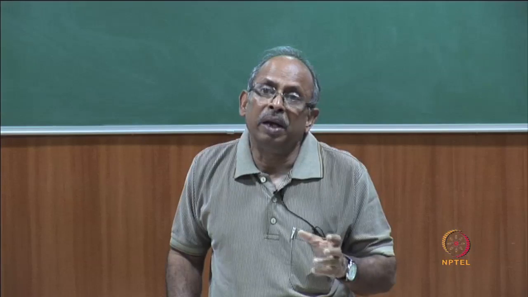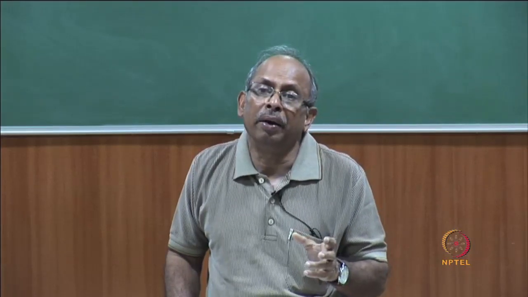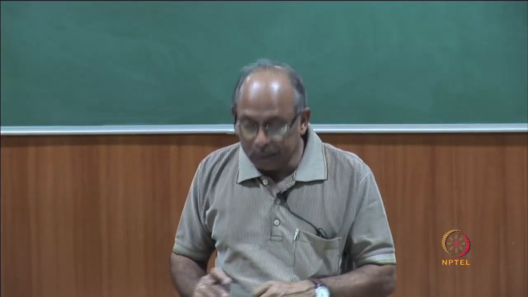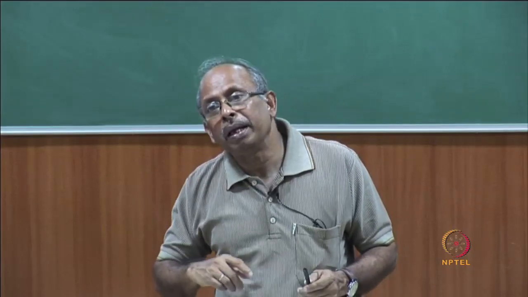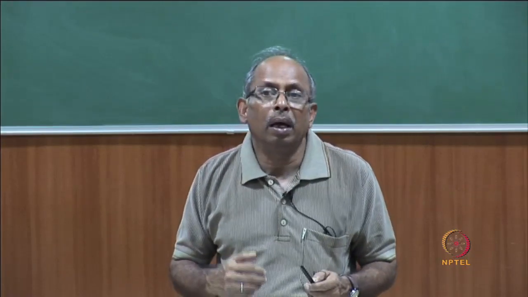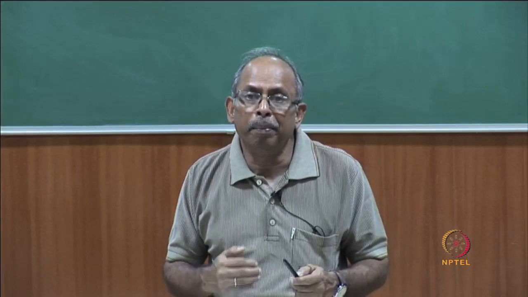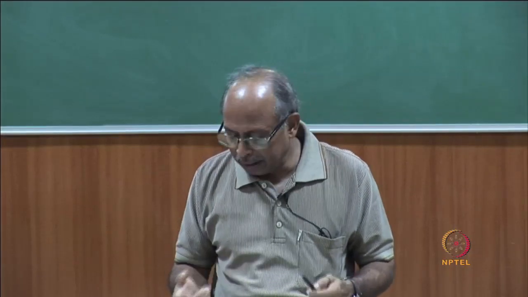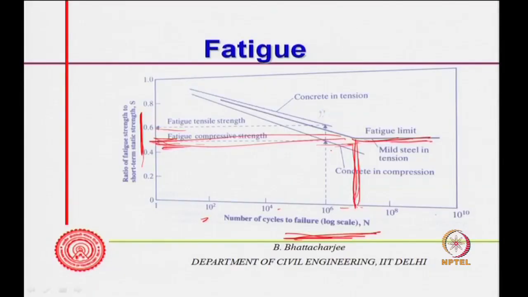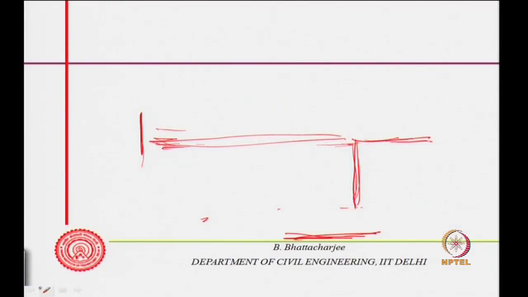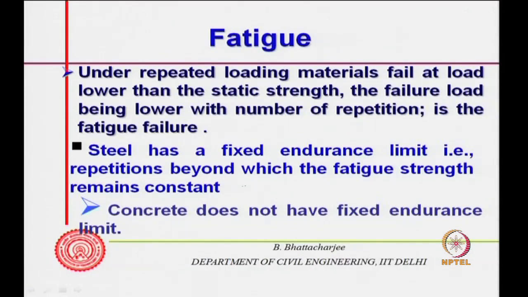If the endurance limit is close to 100 MPa, that means if you apply less than 100 MPa and do stress reversal, it is not going to fail. Endurance limit is defined as the fixed limit beyond which the fatigue strength remains constant.